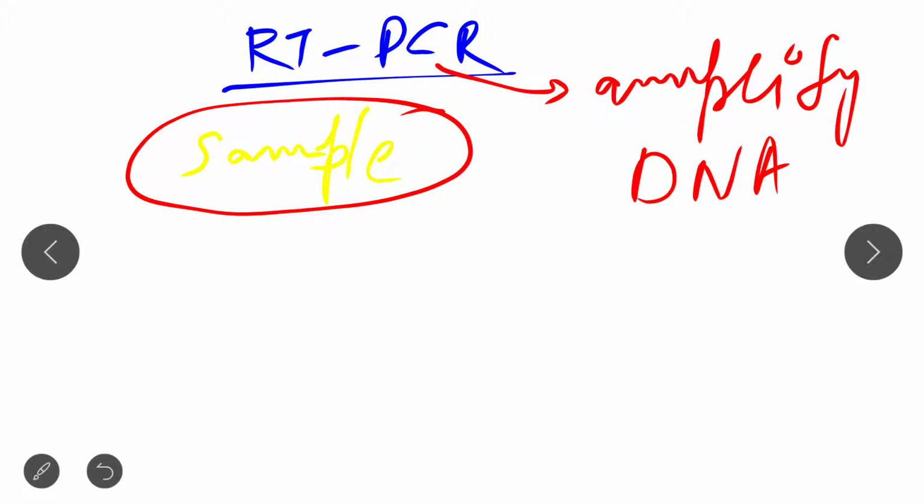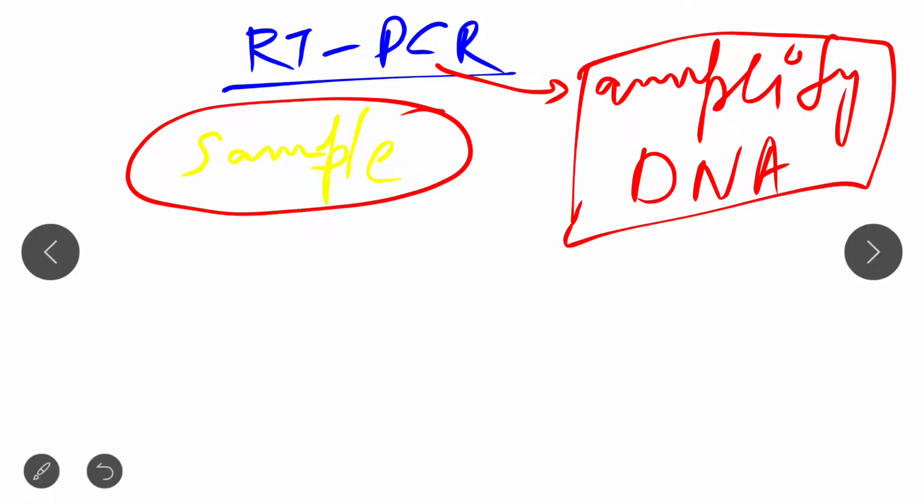It can amplify a very minute sample of DNA into millions of copies. So we have to put in DNA, but this viral particle's genome is RNA. So we have to convert this RNA into DNA.